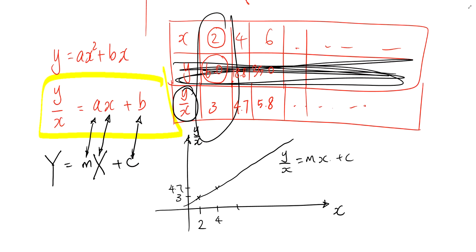Now, do you have a clue how to determine the value of b? Can I find the value of b from my graph? Yes or no? How? Find the y-intercept.